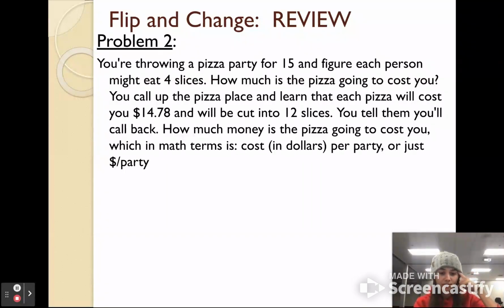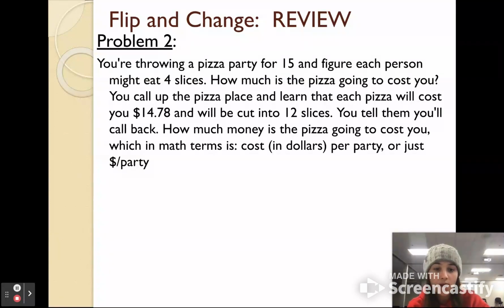So I would think to myself, what is the information that I've already been given? Right now, I know a couple things, but what I could start with, I know that 12 slices are equal to $14.78.